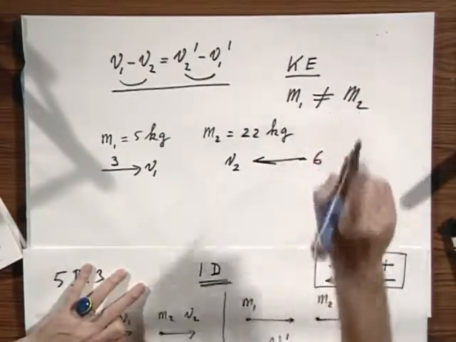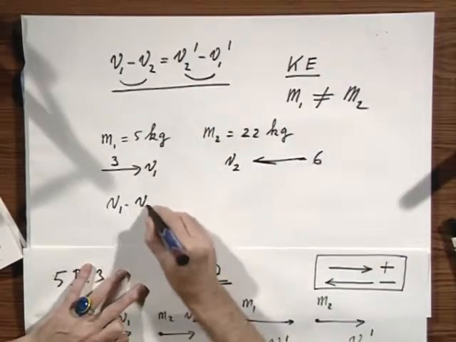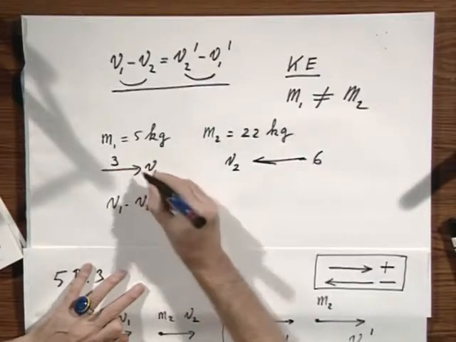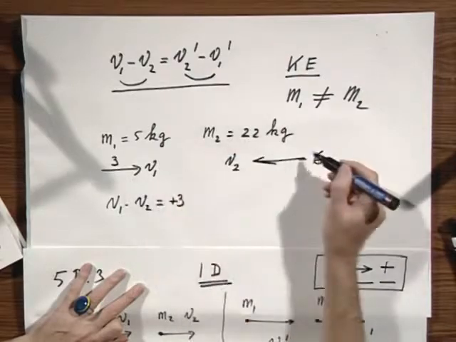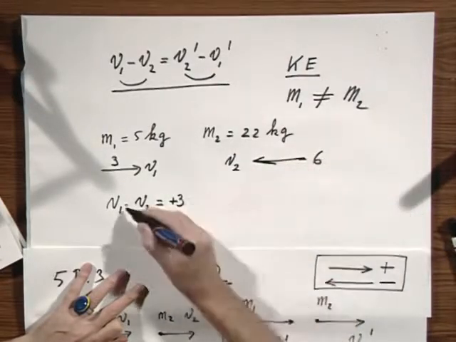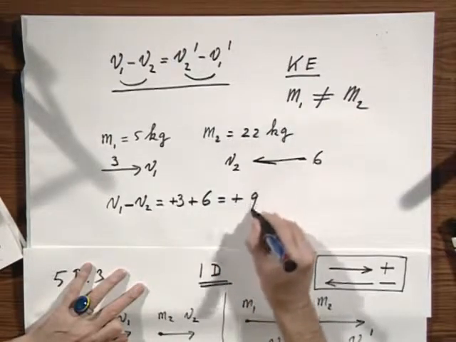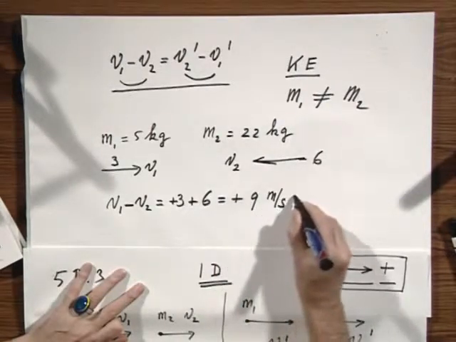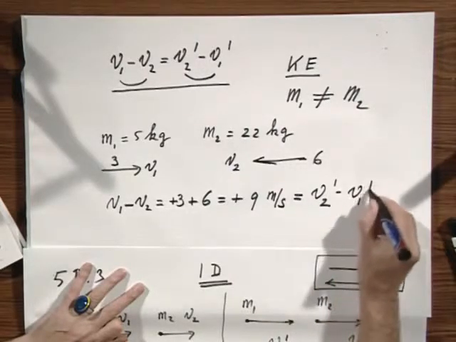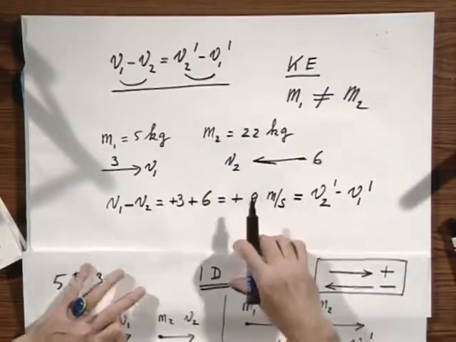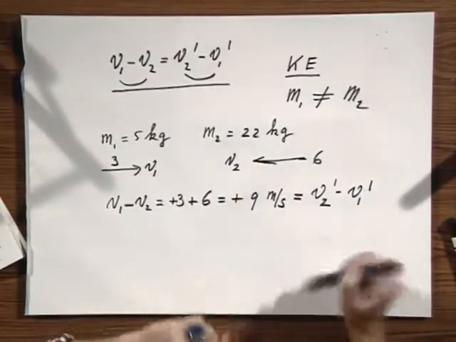Now be very careful, think of our sign convention. v1 minus v2, this is now positive, 3 plus 3. v2 itself is negative, minus 6, so minus minus 6 becomes plus 6. So this is plus 9 meters per second. And this also has to be v2 prime minus v1 prime, observing the same sign convention. And this, of course, is quite remarkable when you come to think about it.